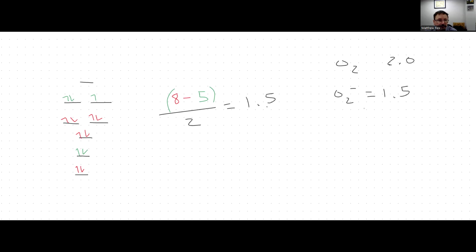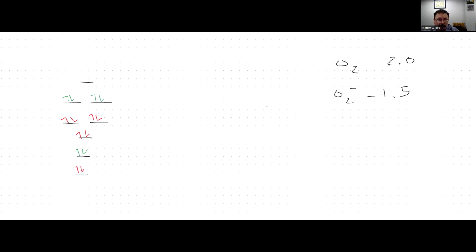And then lastly, we have O2 2 minus. So 6 plus 6 is 12, plus 2 additional electrons is 14. So we have 1 more electron. That's going to have to go there and pair up with that one in that antibonding orbital.